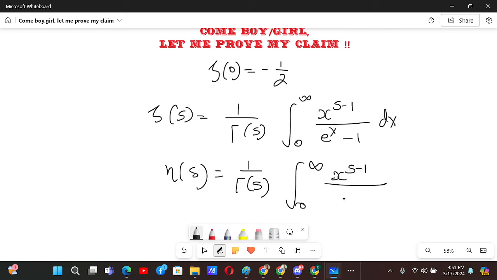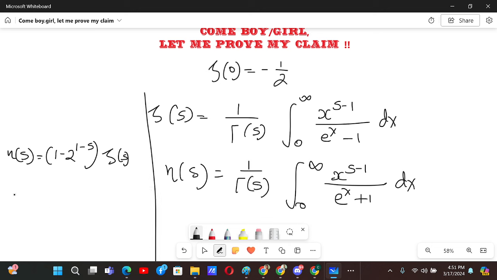We have a formula, and we know that this eta of s is actually equal to 1 minus 2 to the power 1 minus s, times zeta of s. So zeta of s will be eta of s by 1 minus 2 to the power 1 minus s.